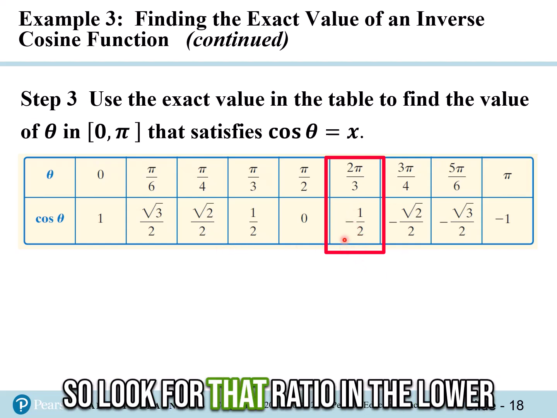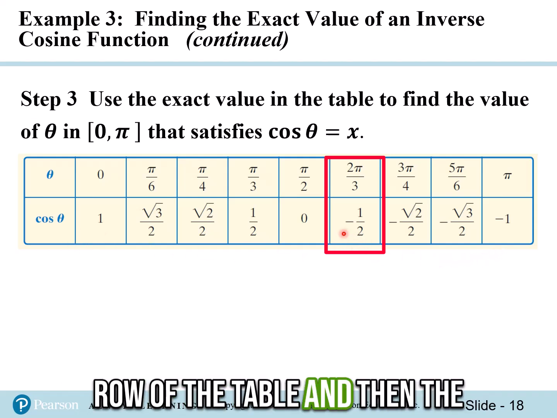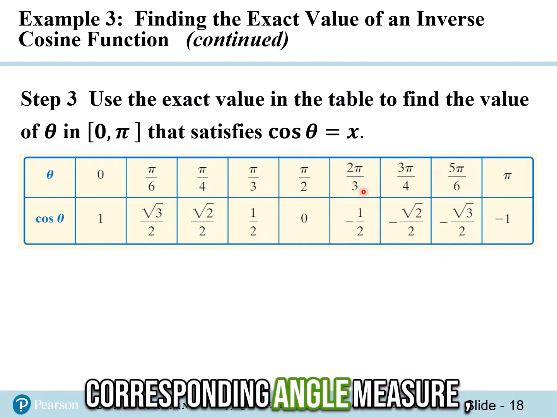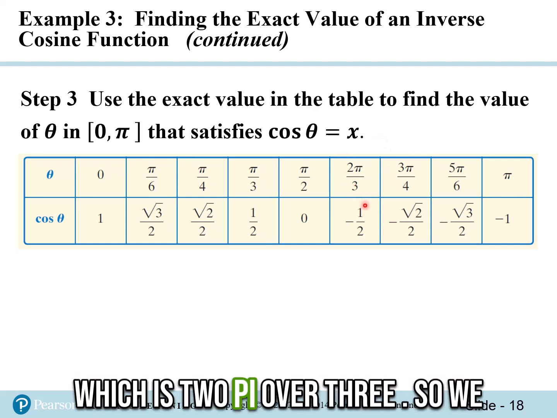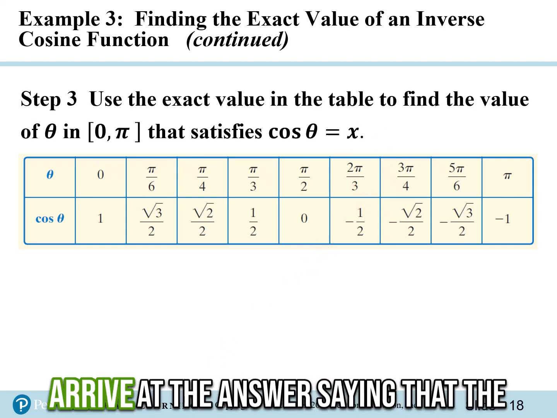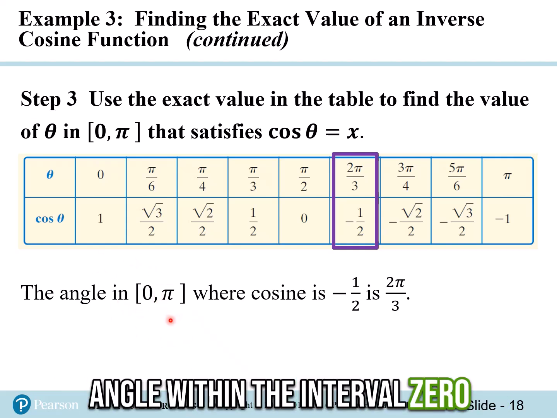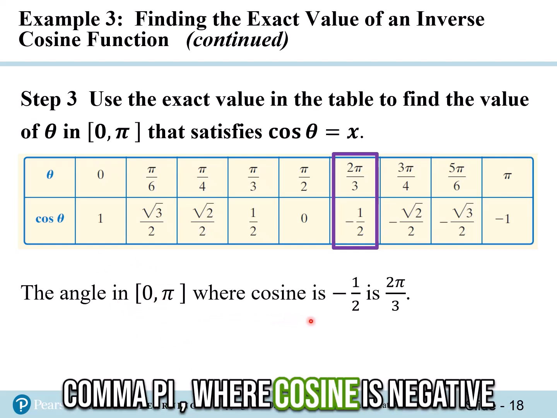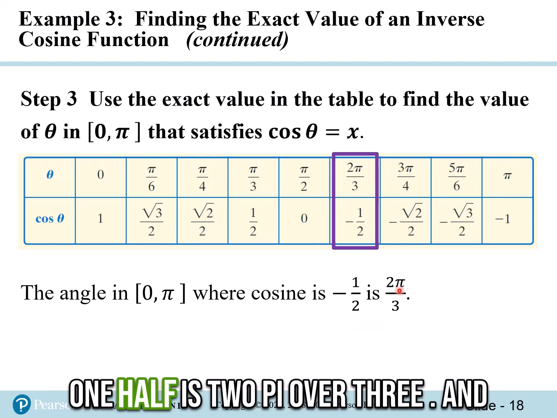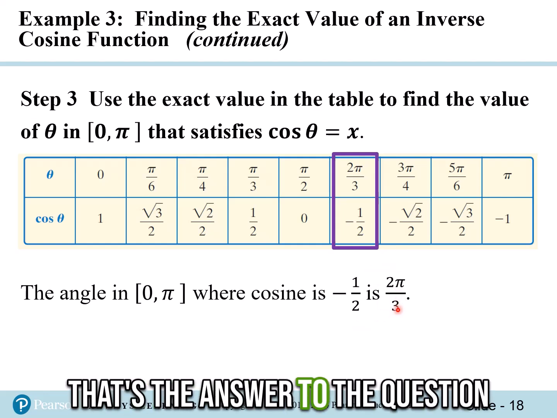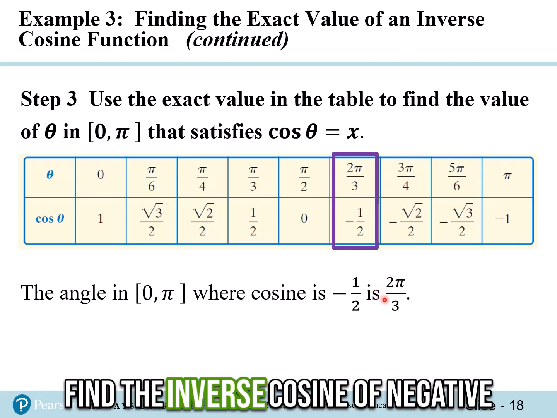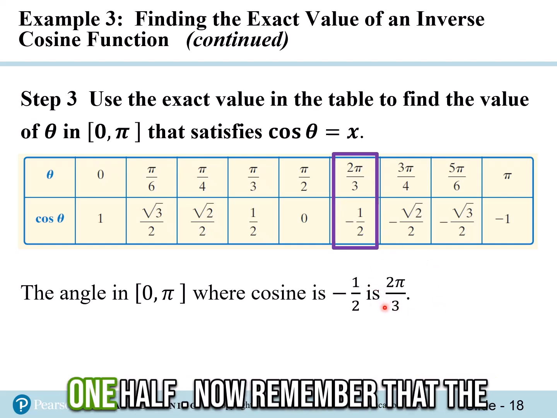So look for that ratio in the lower row of the table, and then the corresponding angle measure, which is 2 pi over 3. So we arrive at the answer saying that the angle within the interval 0, pi, where cosine is negative 1/2, is 2 pi over 3. And that's the answer to the question, find the inverse cosine of negative 1/2.